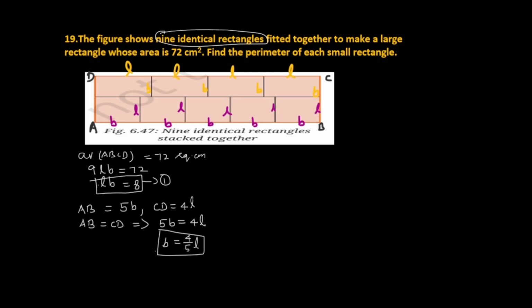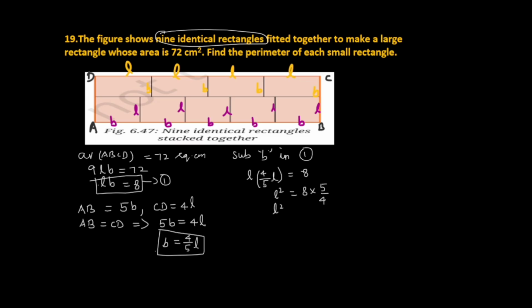Now we are going to substitute B in the first equation, equation 1. So L into B, which is 4 by 5 L, is equal to 8. So 4 by 5 L squared is equal to 8 into 5 by 4.